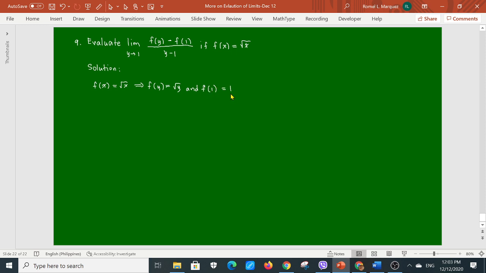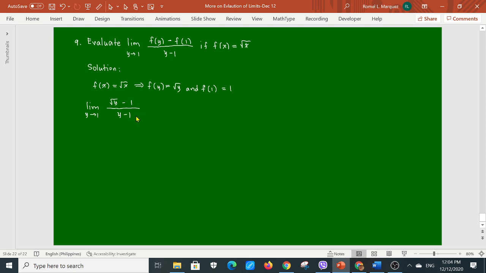Square root of 1, which is 1. Okay? So, we can now write the limit as y approaches 1 of, what is the numerator now, guys? Square root of y minus f of 1, which is 1, over y minus 1.